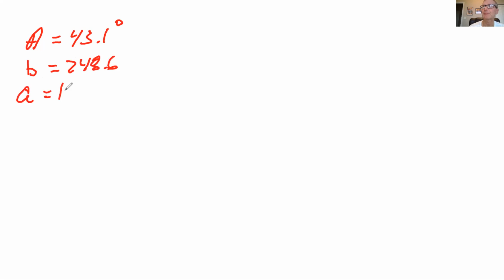Again, what we're given is angle A equals 43.1 degrees, length B is 248.6, and length A, which is opposite from angle A, is 186.2. I'll just draw the triangle the way we normally draw it.